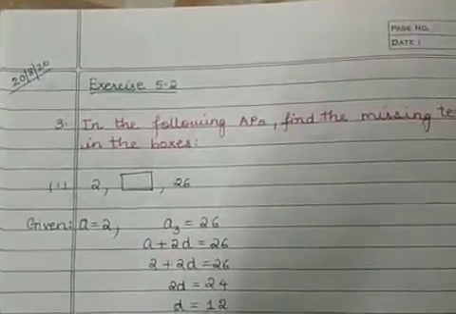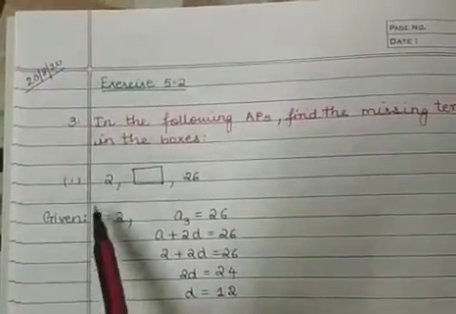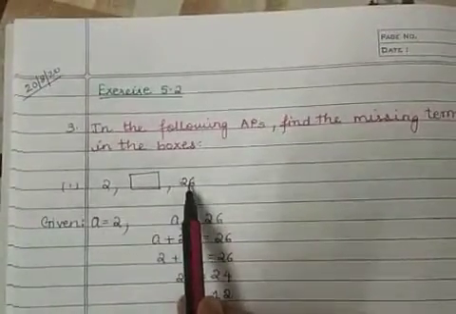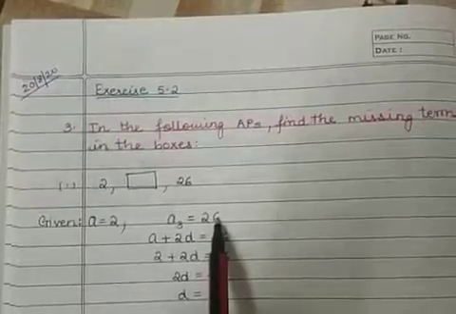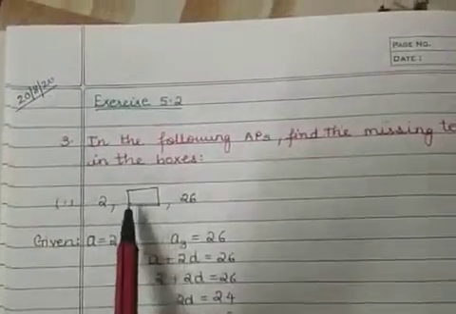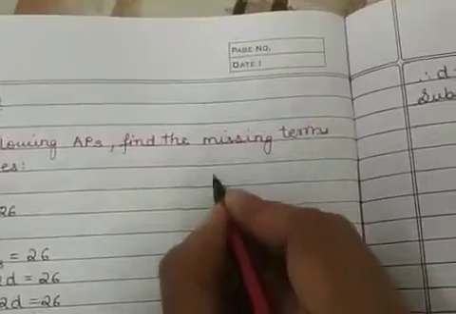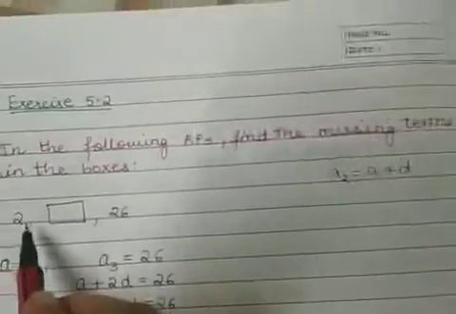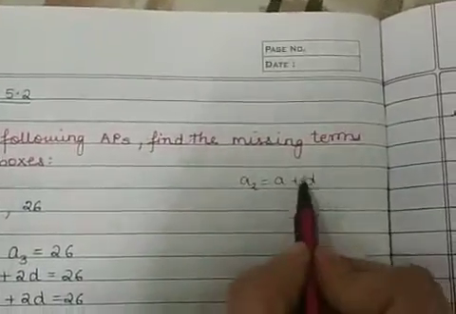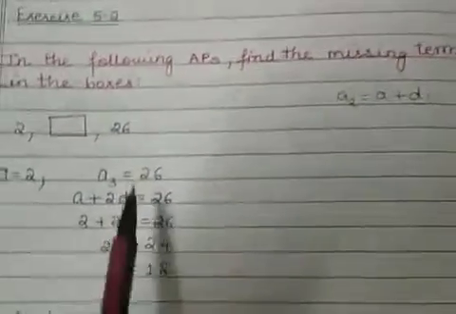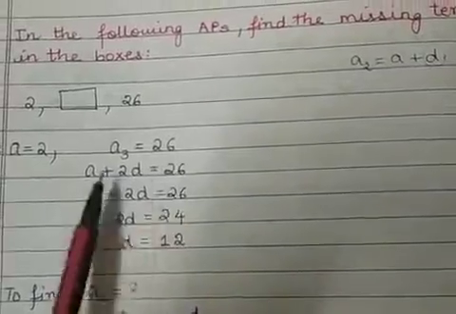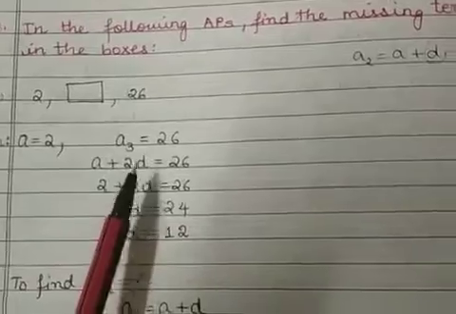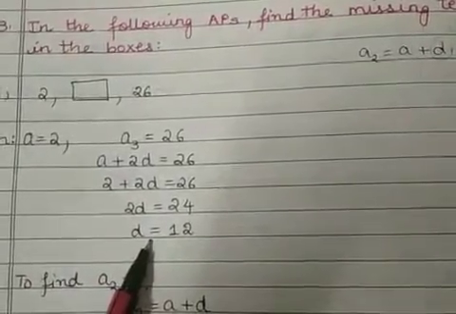So first let us write down what is given to us. Here you are given A, which is equal to 2, the first term, and A3, which is 26. Now if you want to find A2, what is the formula of A2? A2 is A plus D, correct? Now you know the first term but you don't know the common difference. But you know A3 is equal to 26, and by substituting the formula for A3, I can get the common difference.